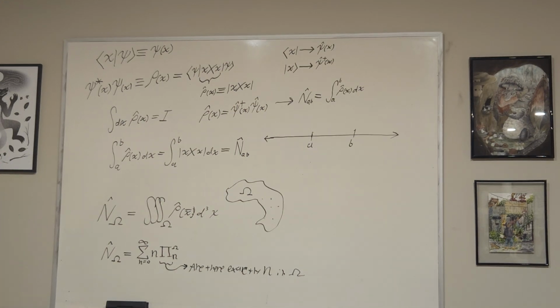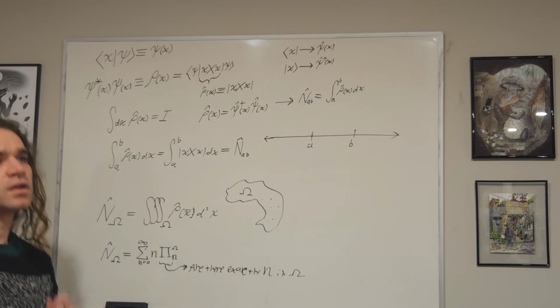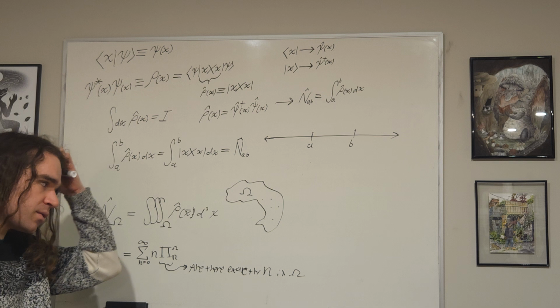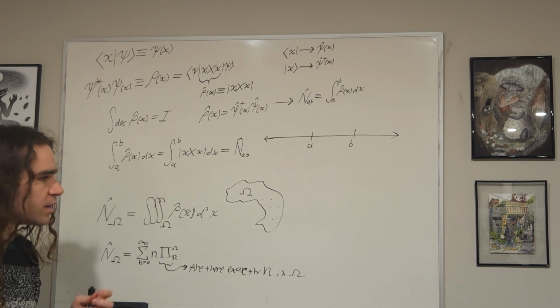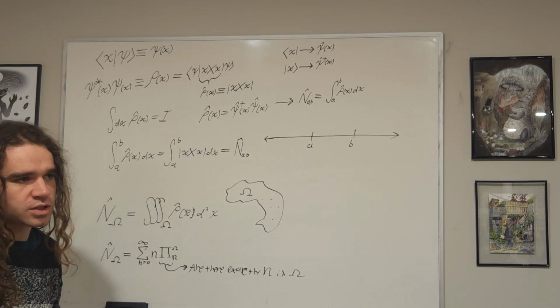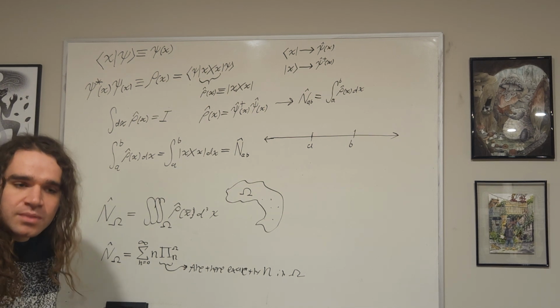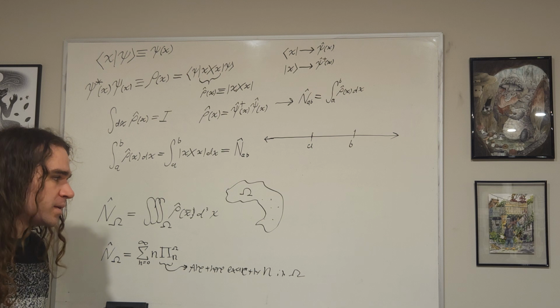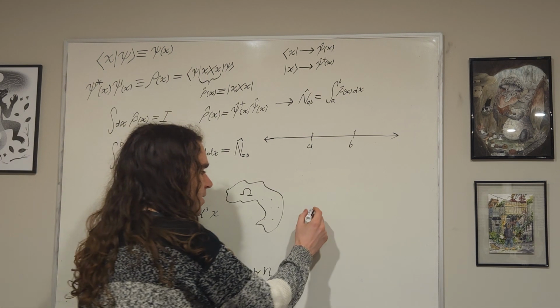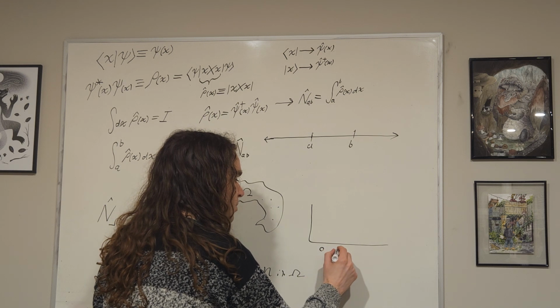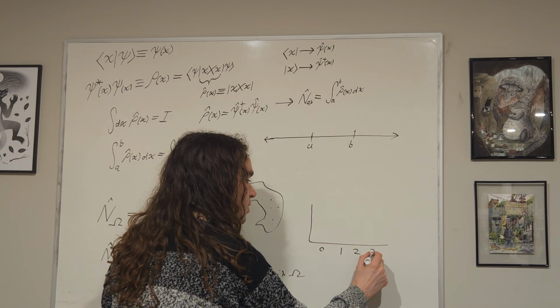But anyway, we often talk about averages in quantum mechanics, and I think discussion of probabilities is often sidelined. So I wanted to shine light on this. Sometimes you don't just want to know what's the expectation value for how many particles are in omega. Sometimes you want to know what the relative probabilities are of, like, if I make a little distribution, what's the probability that there are 0 particles, 1, 2, 3, and so on.